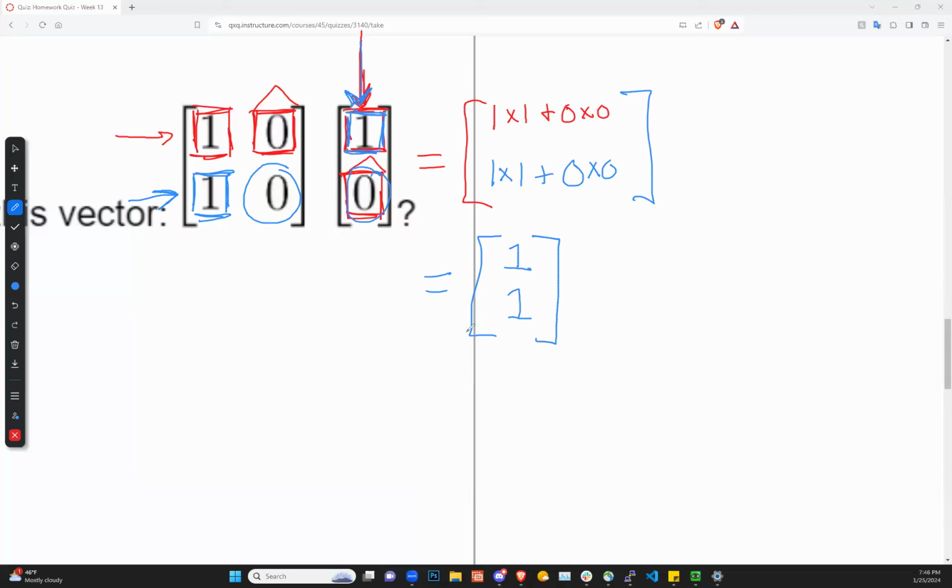So these arrows help me figure out what I'm supposed to be multiplying. And they also tell me what component I am solving for. Because that is something that always confused me when I was learning this stuff: okay, I'm multiplying and adding a whole bunch of numbers, but what number in the result am I calculating right now?